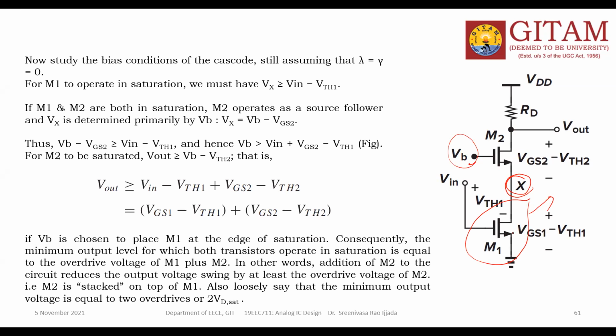Whatever potential is applied at the gate of M2 may be insufficient to make M1 fully saturated, and may only be at the edge of saturation. That means our Vx value changes.